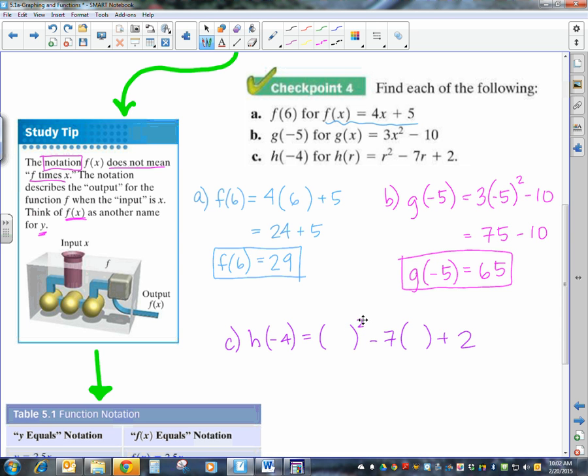So that was my r squared minus 7r plus 2. And what did it tell me to put in for r? It says put negative 4 in there. And we simplify that. Negative 4 squared is 16. Negative and a negative give me a positive. 7 times 4 is 28 plus 2. So when we add those, I find out that h of negative 4 is equal to 46.